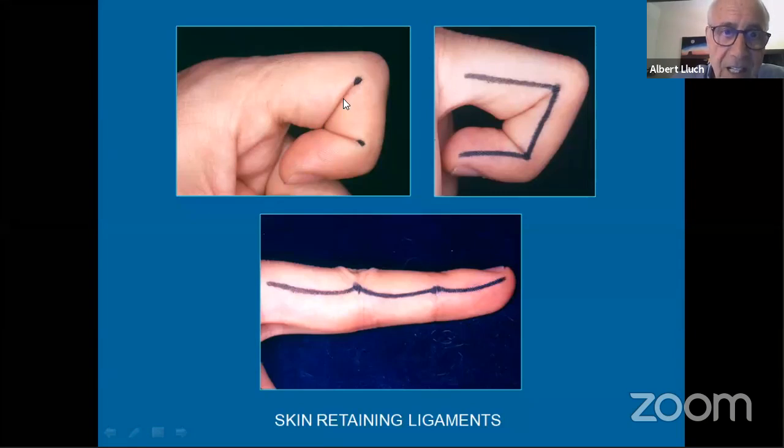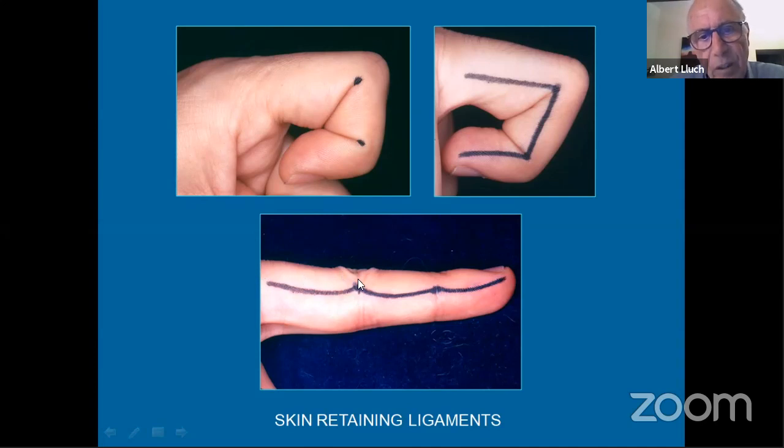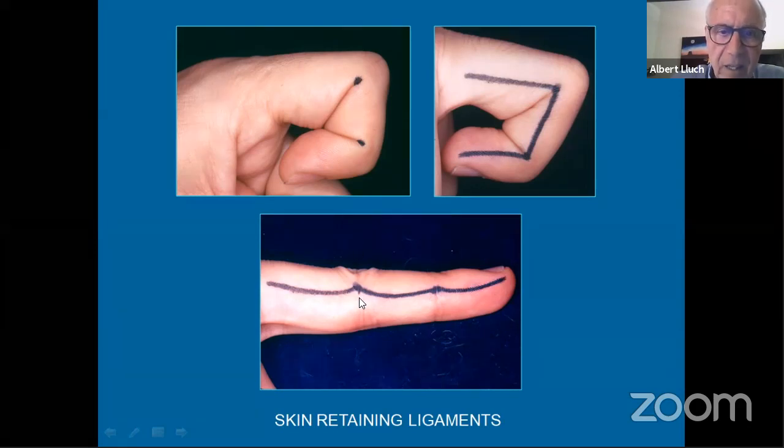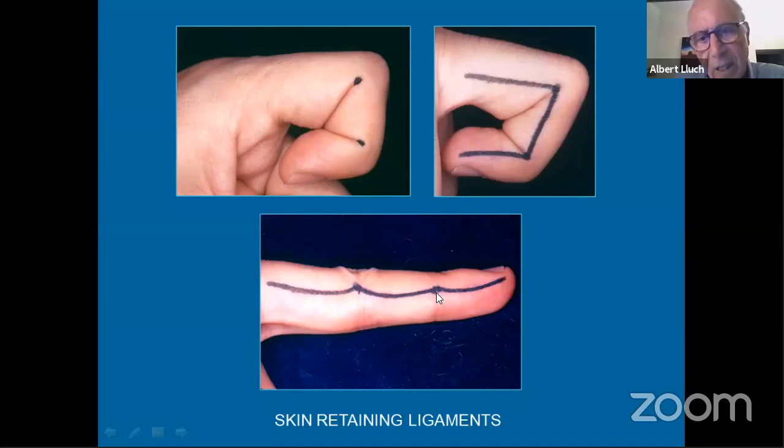All the skin is hidden here inside. Here the DIP joint, here the PIP joint. We start extending the finger straight, and if we put the finger in full extension, we'll have the shape of this completely straight line a few seconds ago. And this is because of the skin retaining ligaments, mainly Cleland's ligament, which inserts mainly around the PIP and to a lesser degree at the DIP joint.